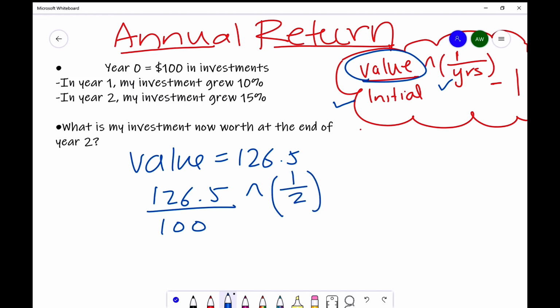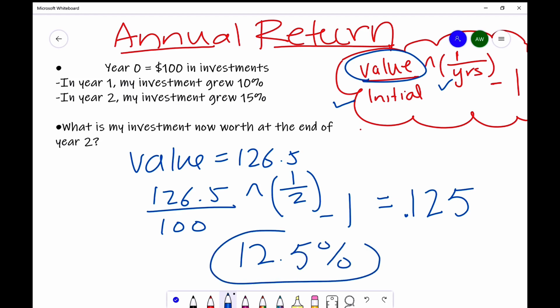Here, the number of years we've invested is 2, so 1 over 2. And we subtract 1 to get it into decimal form. The result is 0.125, or in percentage form, it's 12.5%, meaning that every single year on average, my investment has grown by 12.5%.